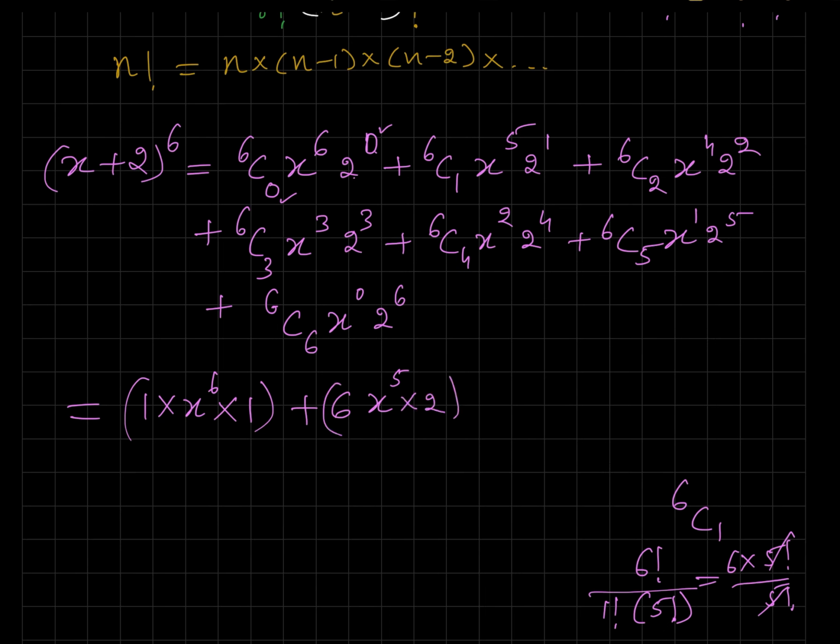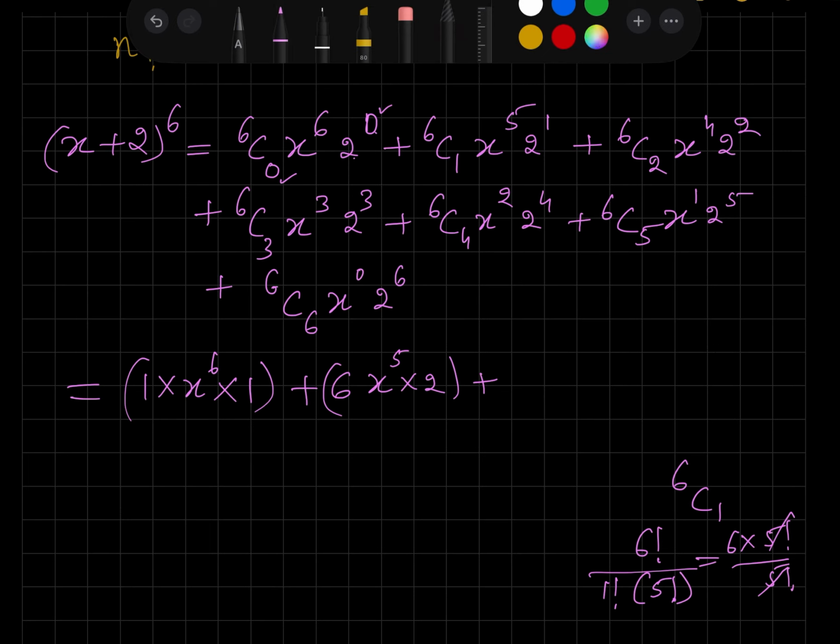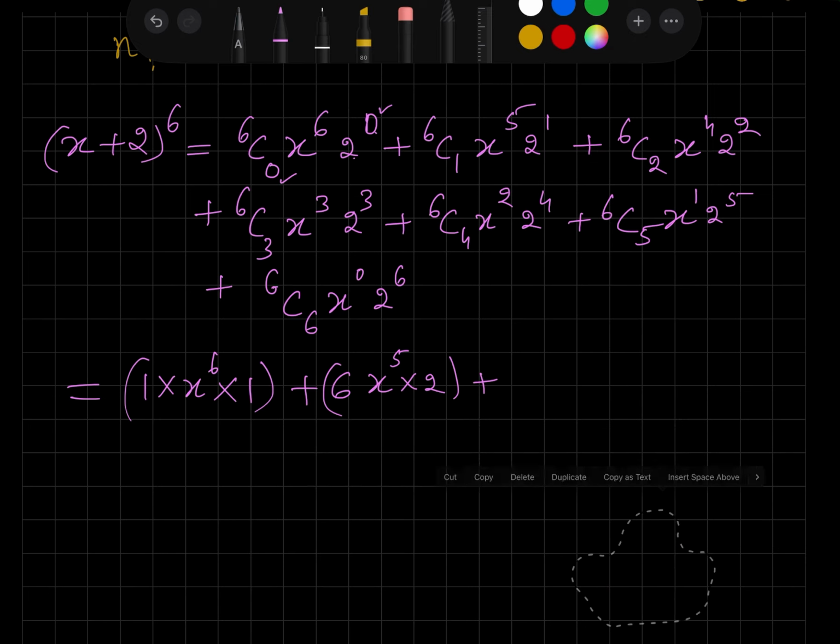Then the next term would be what? 6c2. So let us remove this thing from here, so that we can write and calculate our terms. Fine. So 6c2, which means 6 factorial over 2 factorial and 6 minus 2, which is 4 factorial.